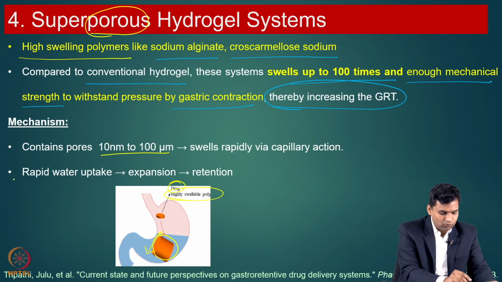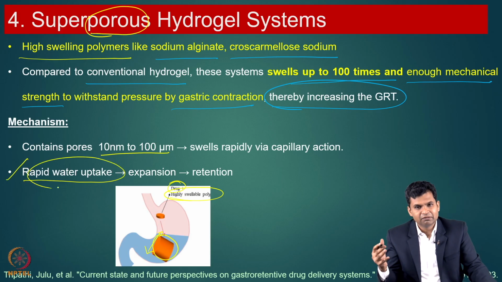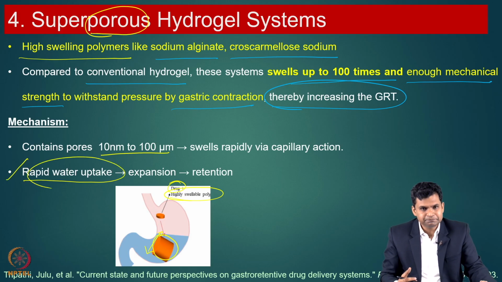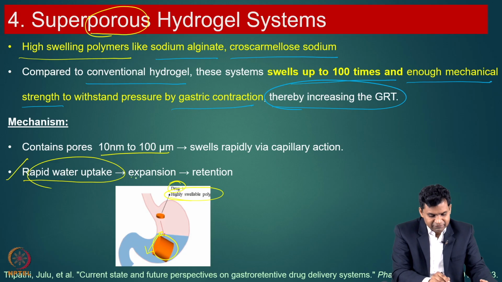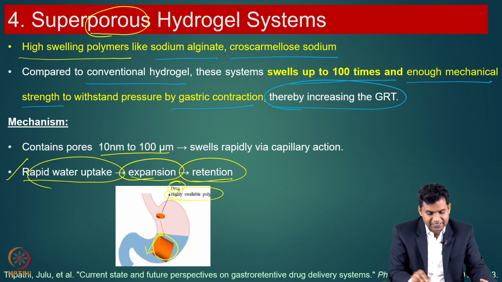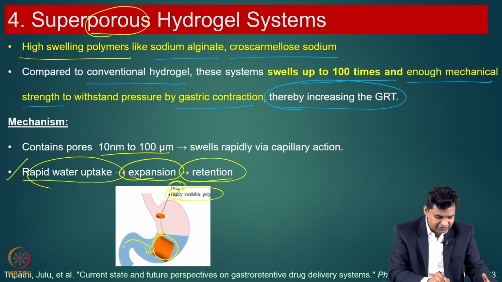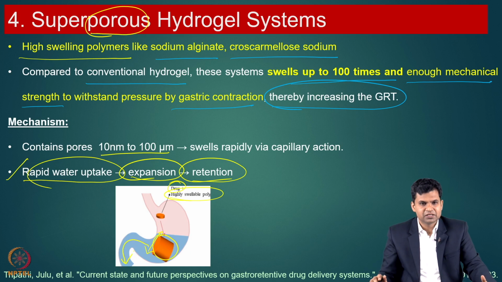It undergoes rapid water uptake by the capillary mechanism and expands, and further it is retained. Once the drug is released, these materials undergo degradation and shrinkage, and then the material goes out of the stomach. These are called superporous hydrogel systems.